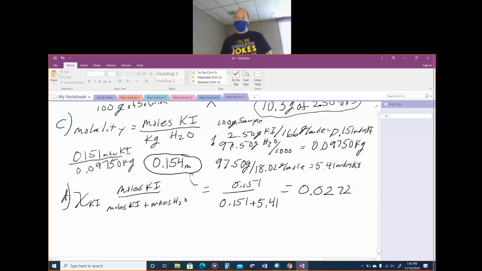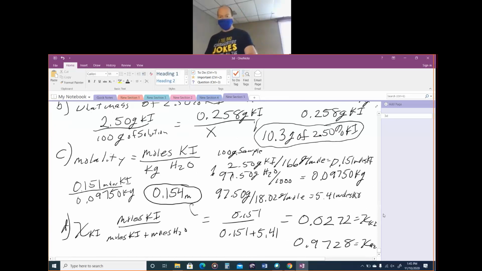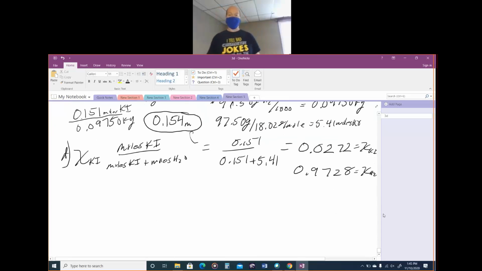All right, so that is your mole fraction of KI, which means that 0.9728 is your mole fraction of the water, because the fractions always add up to 1. But it didn't ask for the mole fraction of water, but if it did, that's how you would get it. Mole fractions add up to 1. Percentages add up to 100.